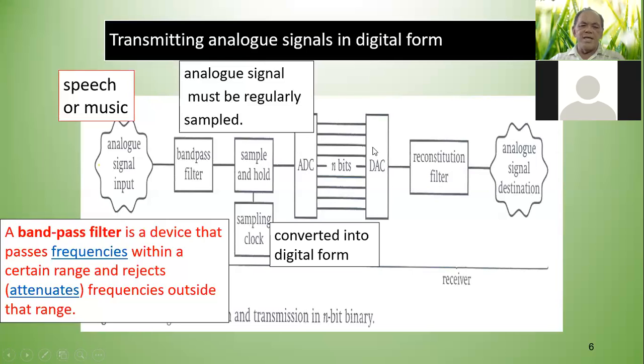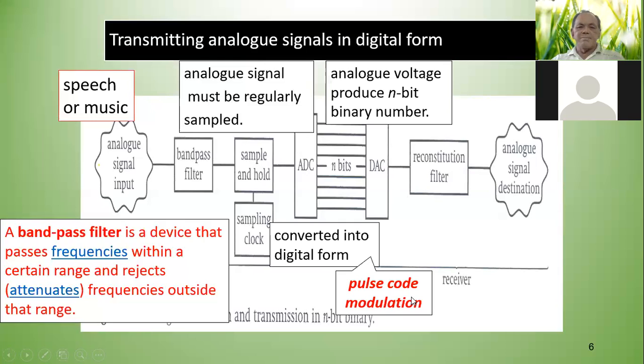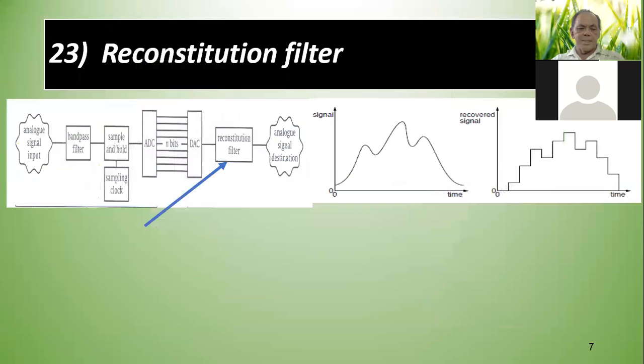This will be in the form of pulse modulation. So the analog voltage produces an n-bit binary number. Then the digital to analog converter must also have n wires for each of the binary numbers.